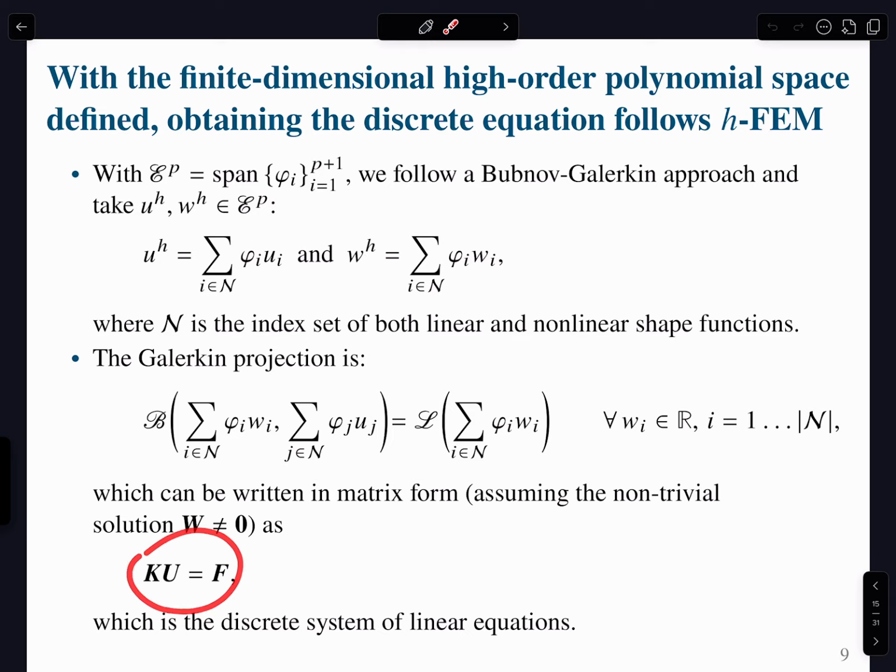So we obtain our Ku equals F system that now is hierarchical, and that is very important. If you are very careful in the way you define your degrees of freedom, and say, for instance, that I want all my linear degrees of freedom to come first, then the quadratic degrees of freedom, then the cubic, and then the quartic, you are essentially making this K matrix hierarchical.